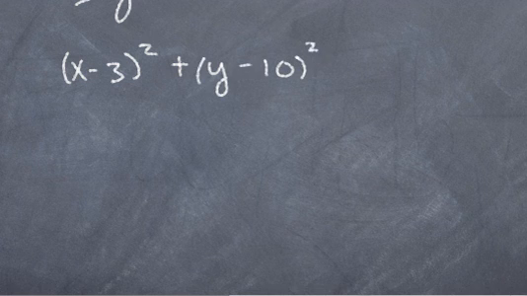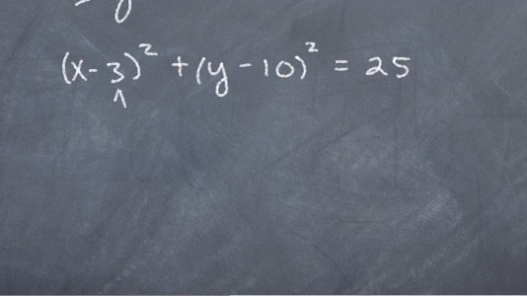All right, so I'm going to start out with this equation here: (x minus 3) squared plus (y minus 10) squared equals 25.